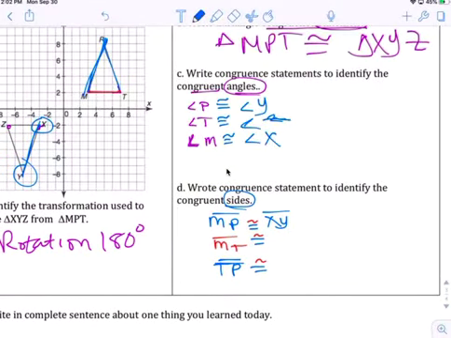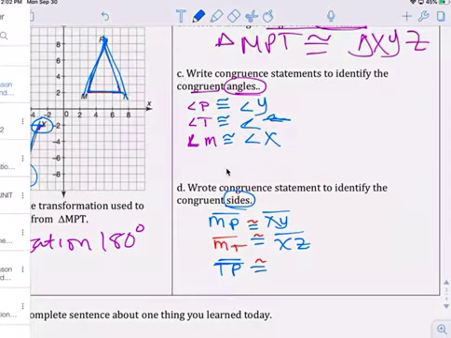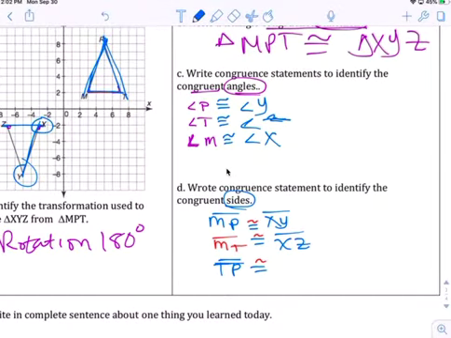Okay, and then M to T, so X to Z. Line segment. Side P to T, same as Z to Y.